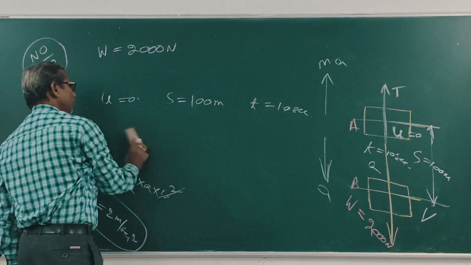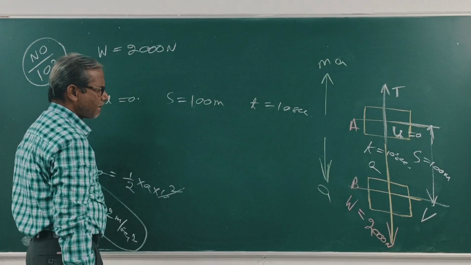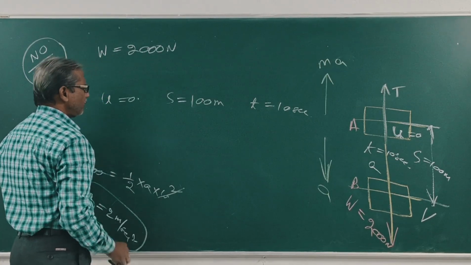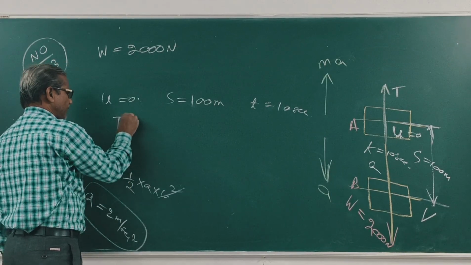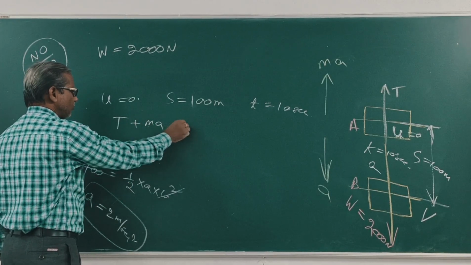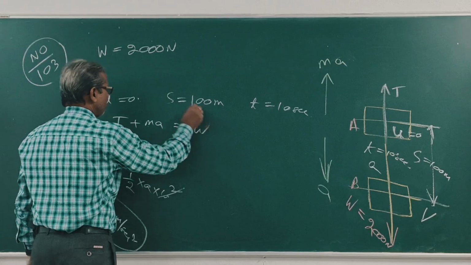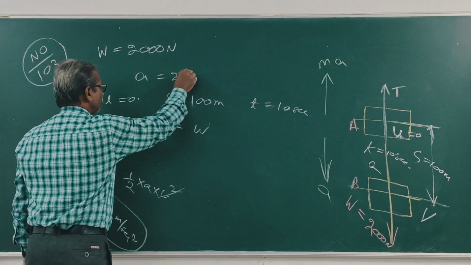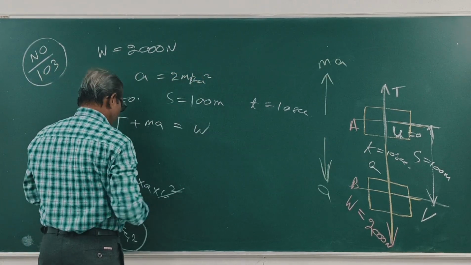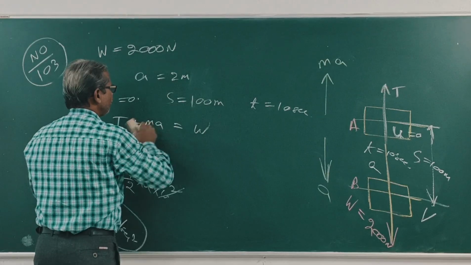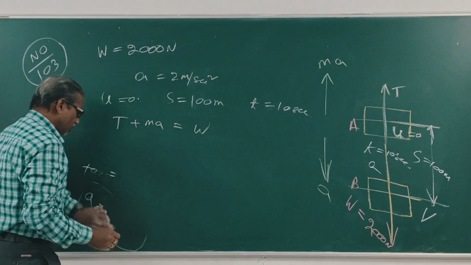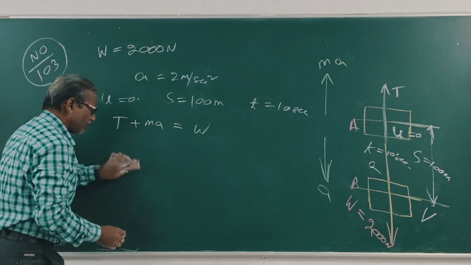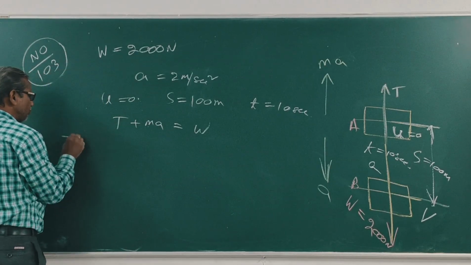Now from the figure, T plus MA is equal to W. A is 2 meter per second square. So T is equal to W minus MA.